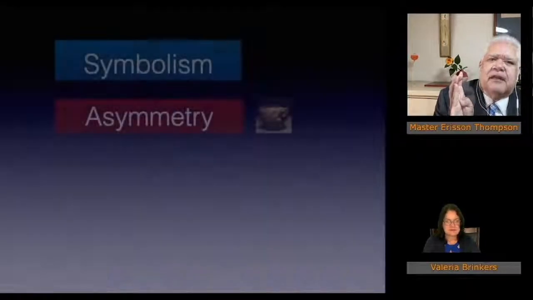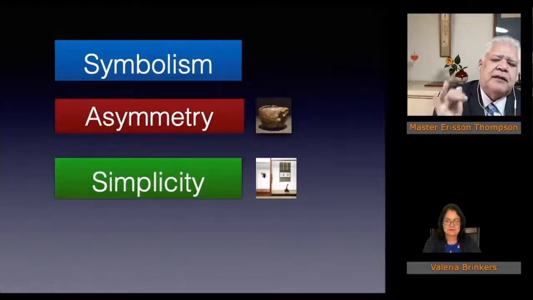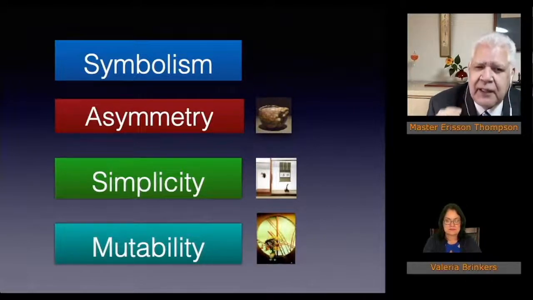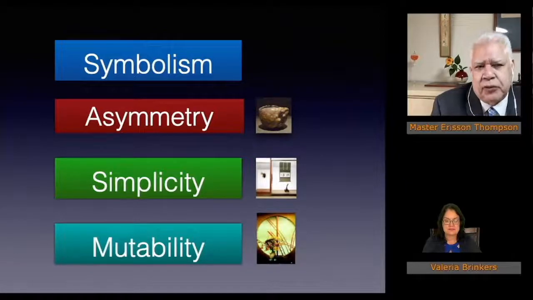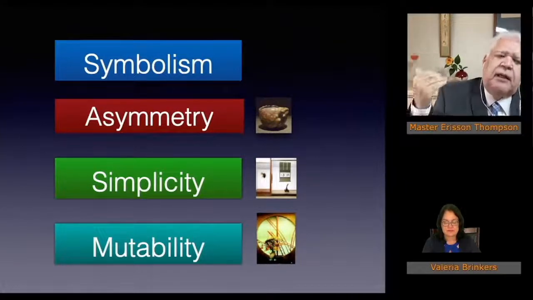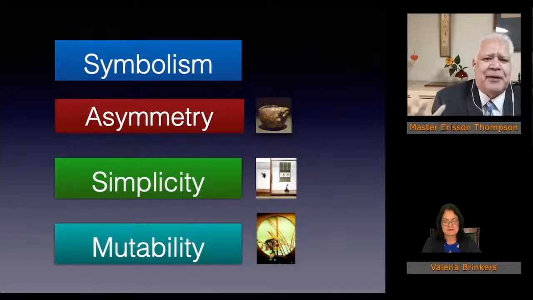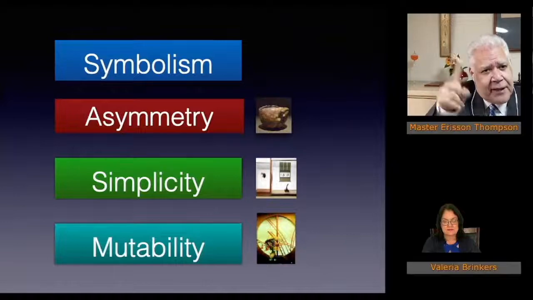Synthesizing an art is very difficult, but we will approach just 4 points: symbolism, asymmetry, simplicity, and mutability. Mutability is not so common in our culture, but I will try to explain and show some images so we can understand better. First, I would like to explain that everything in Japan starts with calligraphy.